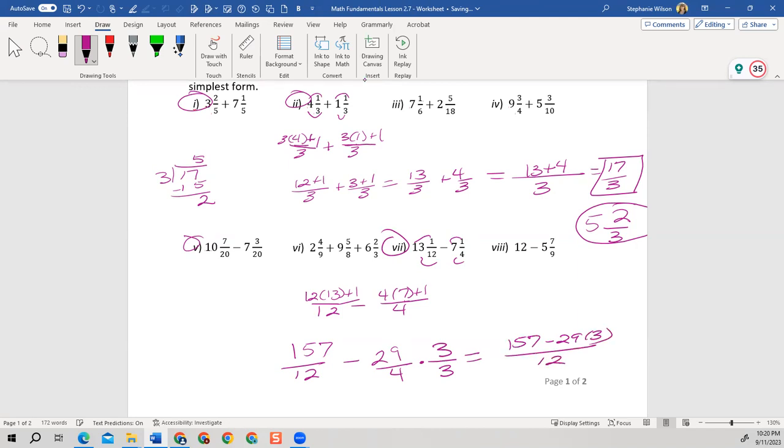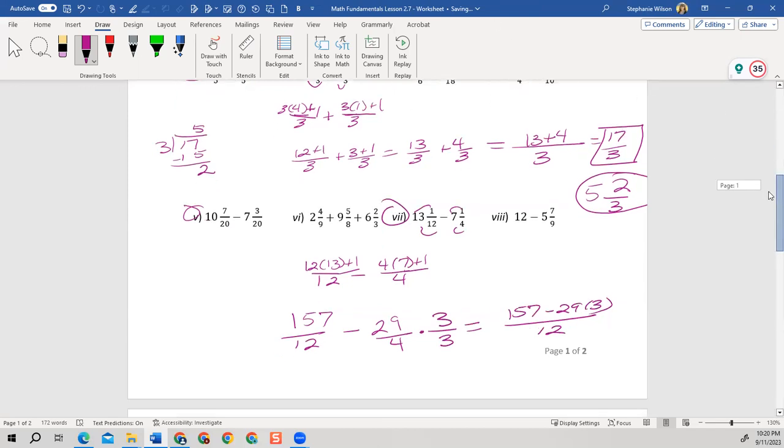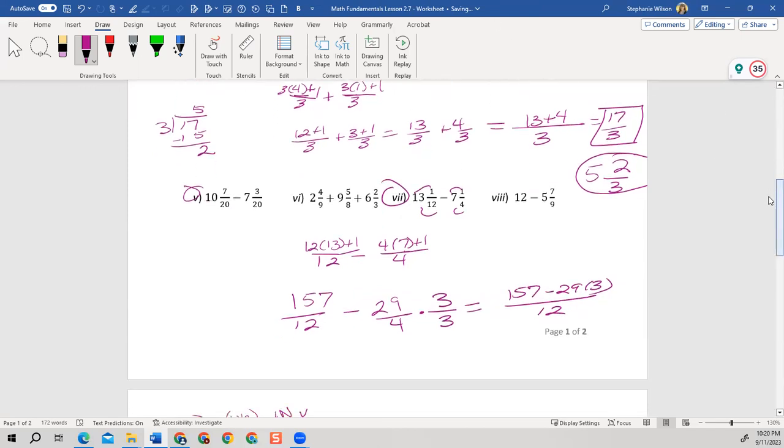So let's go ahead and clean this up just a little bit. Let me write this right here. So I have 157 minus, 29 times 3 gives me 87. 157 minus 87 is 70 over 3.